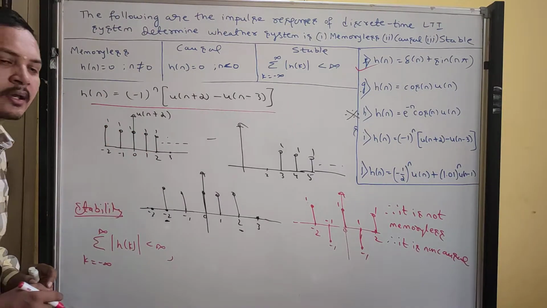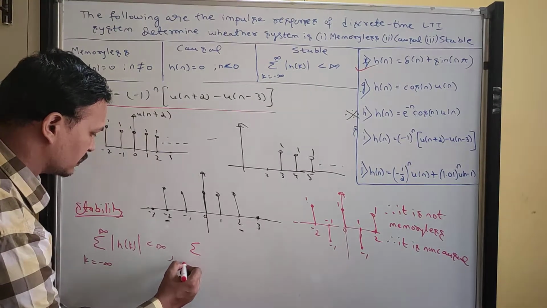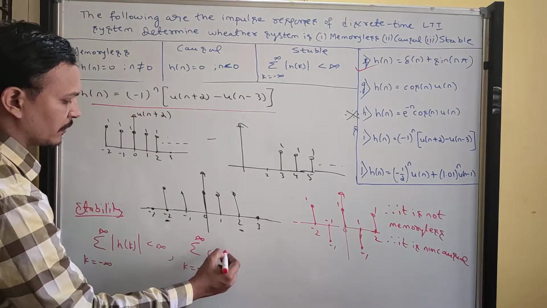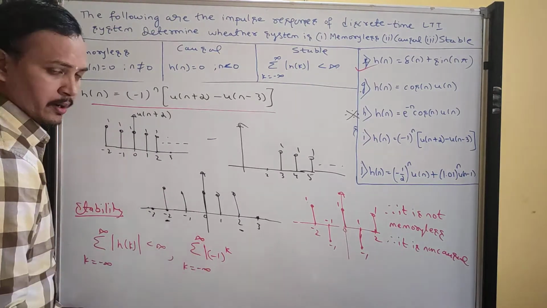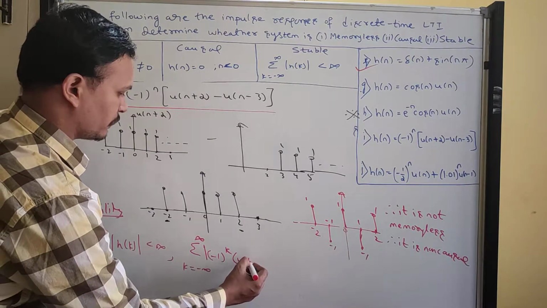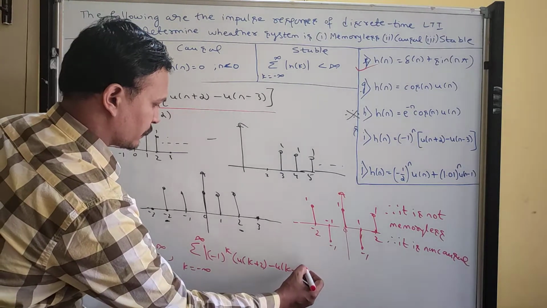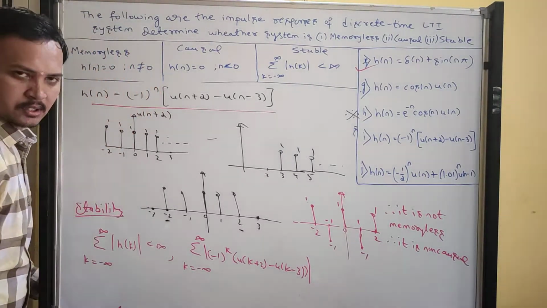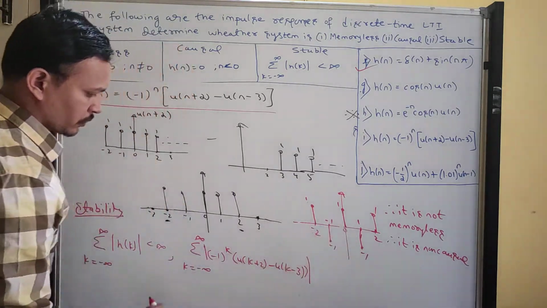You can write the summation over k from -infinity to infinity of |(-1)^k (u[k+2] - u[k-3])|. For k+2 minus k-3, what is the range? The waveform is present from -2 to 2.